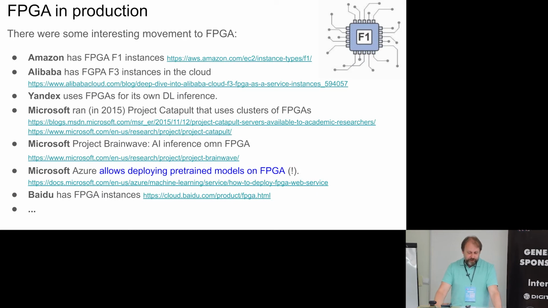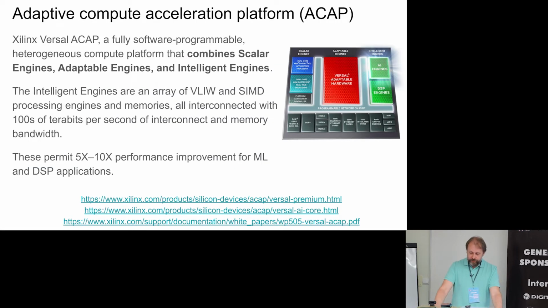And FPGAs are still used in production in many cases. I highlighted some of them. The most affordable one is AWS, which has a special type of instance called F1 instance. With FPGA, you can program your own special hardware and use it in the Amazon Cloud if you want to. And actually, FPGAs are pretty complex things.